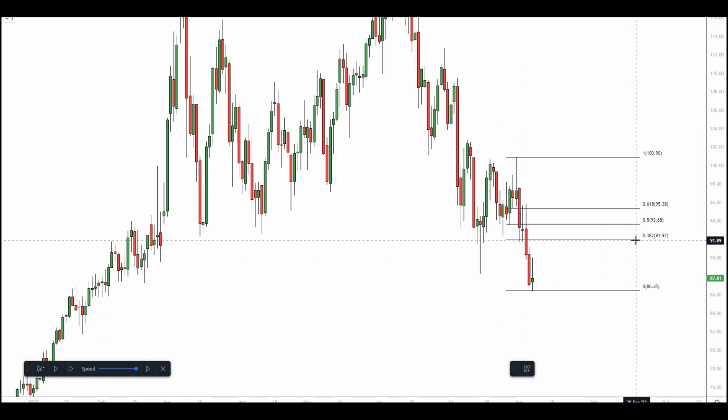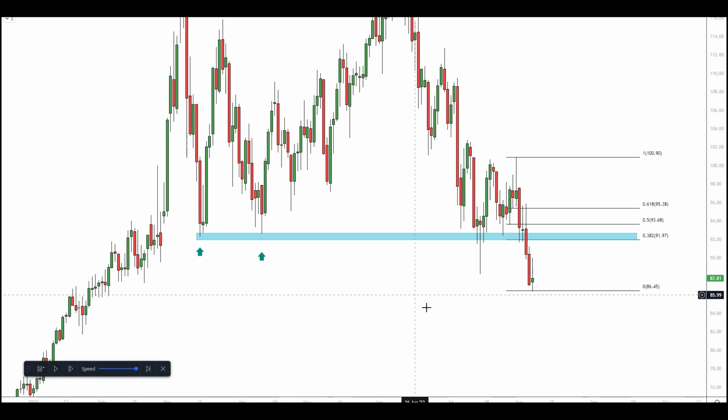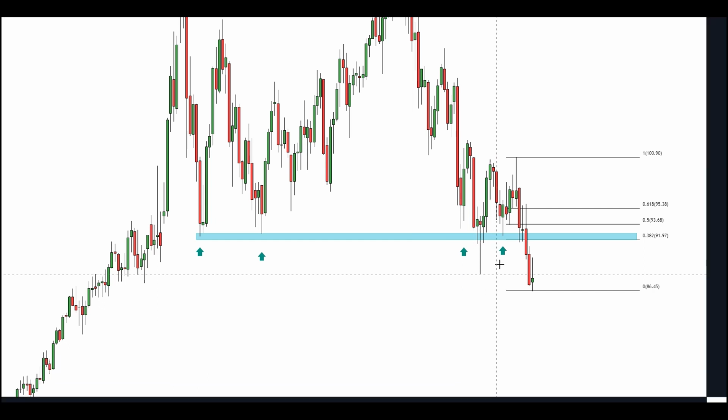So all I did, I originally just simply drew a zone to the left, and I noticed that, if you can see here, we had a tap there, we had a tap there, and once again here, we had a reaction here, and we also had a reaction here, and again, a reaction there.